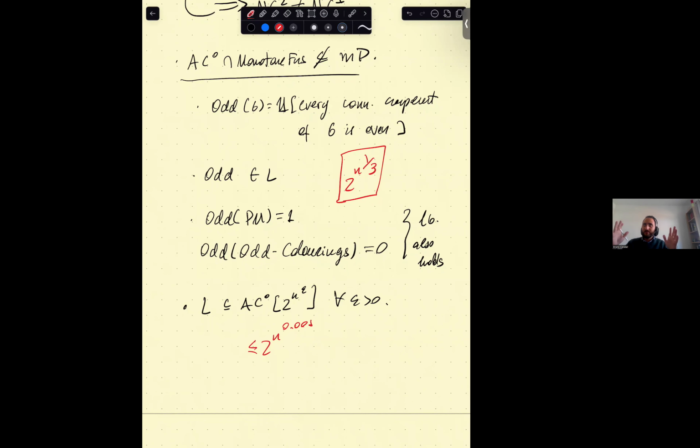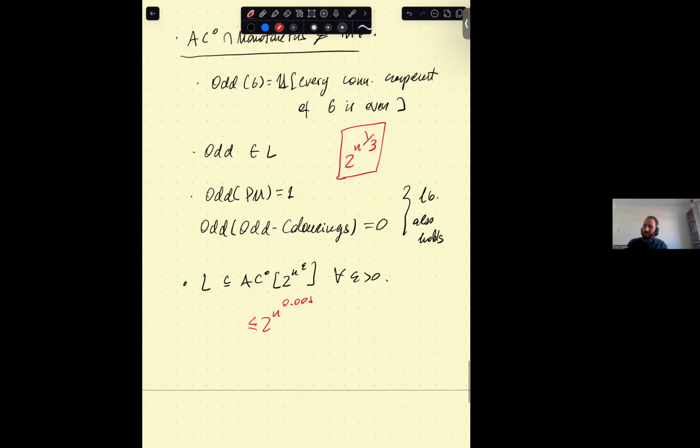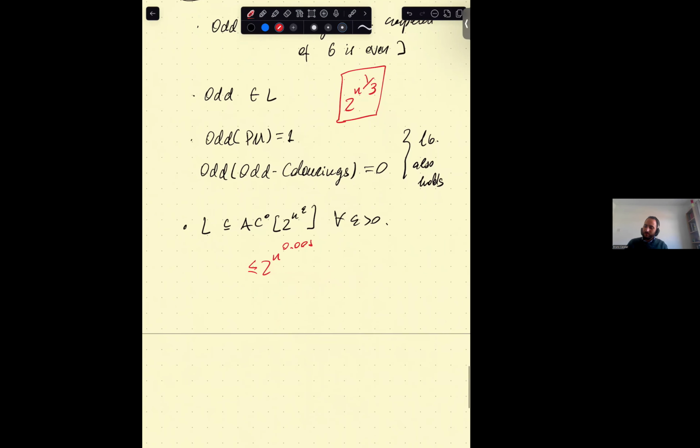So if you pad things properly, this becomes a function in AC0, and the lower bound is quasi-polynomial for monotone circuits.